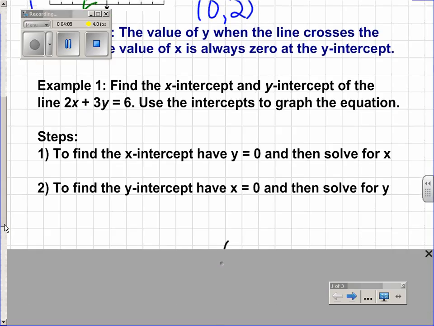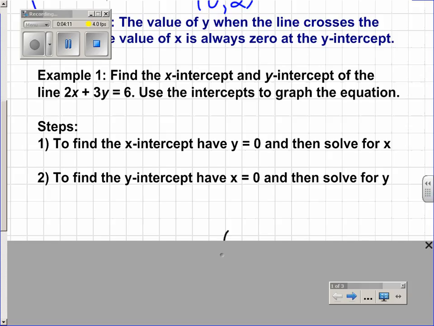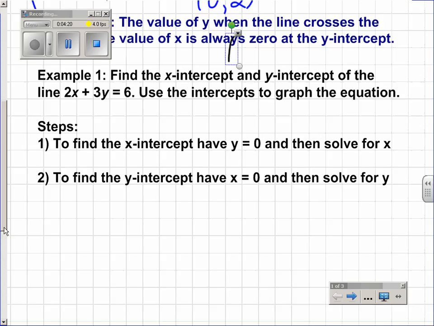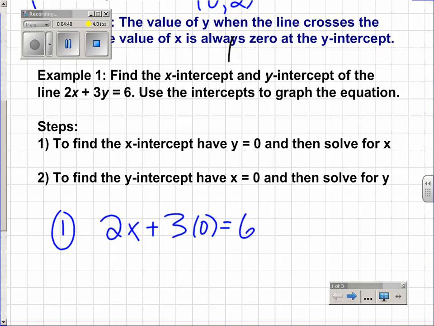Instead of writing the y, we're going to put a 0. So I'm going to write this equation. 2x plus 3, and then instead of putting, so this is step 1. Instead of putting y here, I'm going to put 0 for y. Because whenever y is 0, the value of x will be its x-intercept, just like we saw up there.